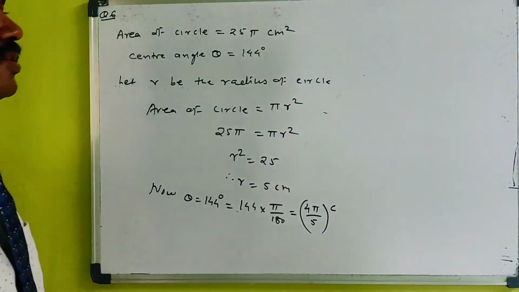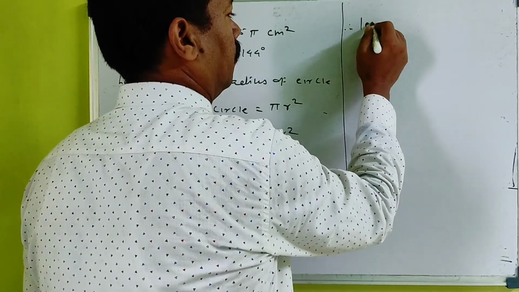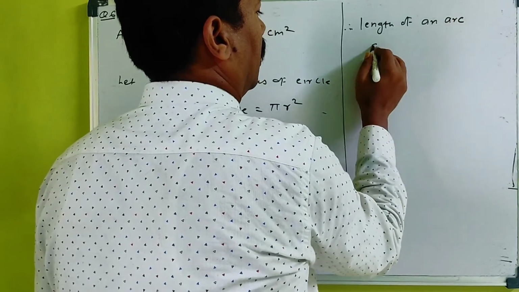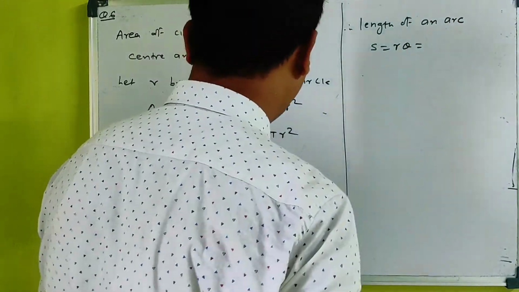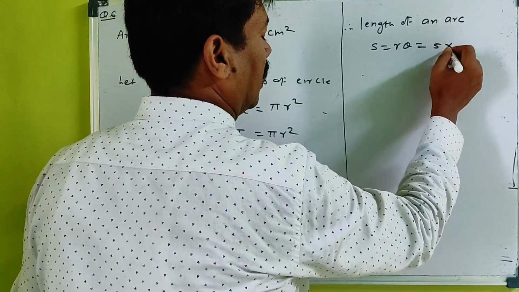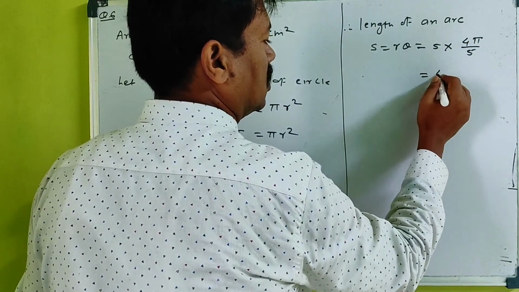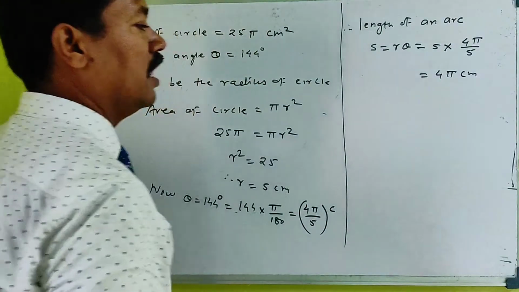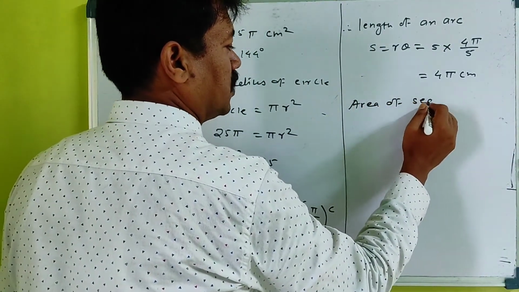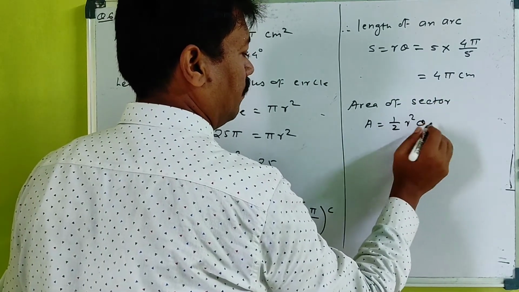So the length of an arc S is equal to r theta. The value of r is 5 and the value of theta is given as 4 pi upon 5. 5 cancels, so it is 4 pi centimeter. And if you talk about the area of the sector, that is A is equal to half r square theta.